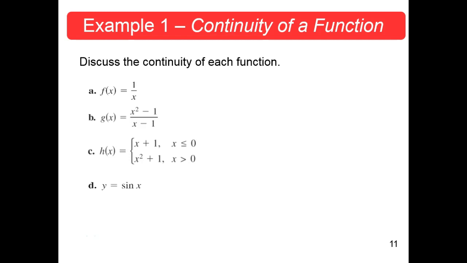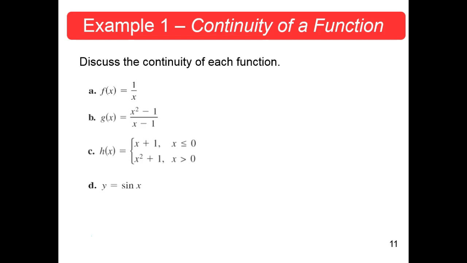There's a discontinuity at 0, so you can't have any value at 0. What does it do to the left of 0? Negative numbers. If x is negative, 1 over a negative number is negative. And again, the same thing: if x is very close to 0, it's a very large negative number.